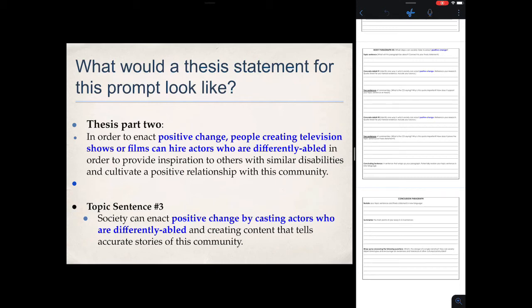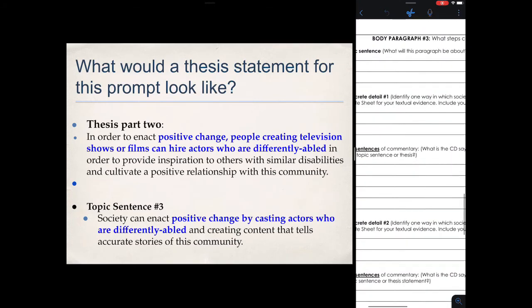Then your topic sentence for the 3rd body paragraph would just break that down. So society can enact positive change by casting actors who are differently abled and creating content that tells accurate stories of this community. Again, notice how they're not verbatim word for word the same, but they're clearly connected. There's not a disconnect between the thesis and the topic sentence.